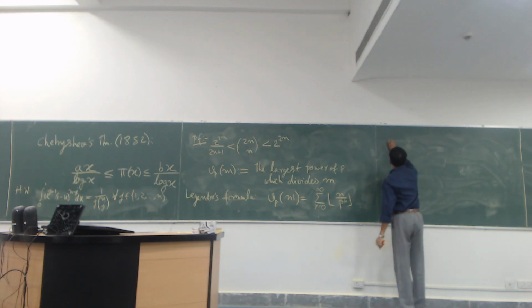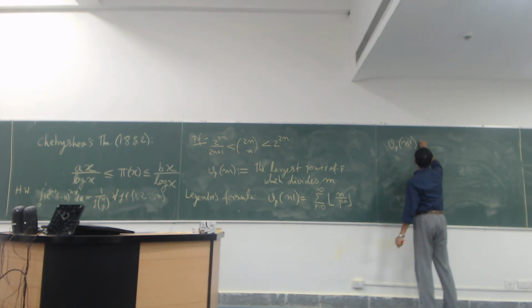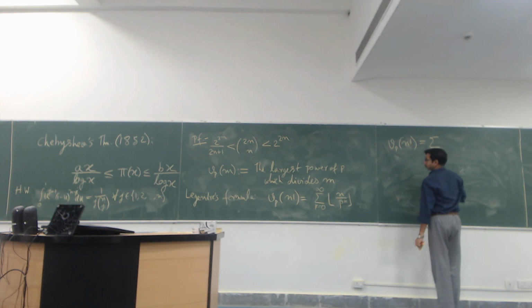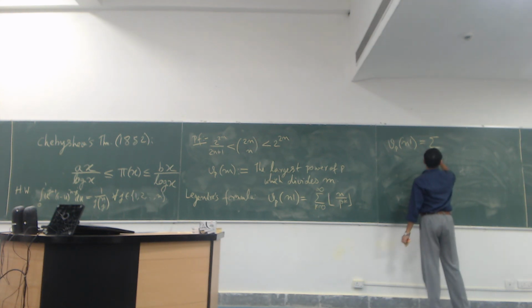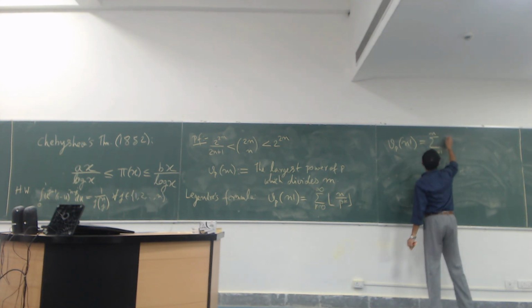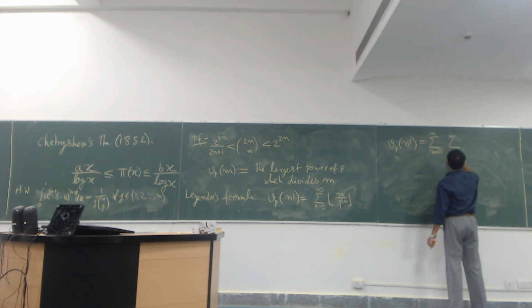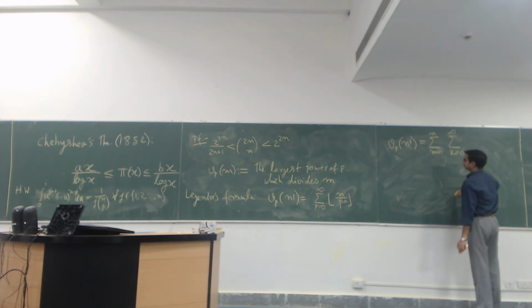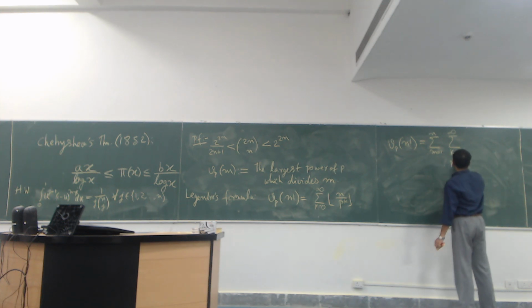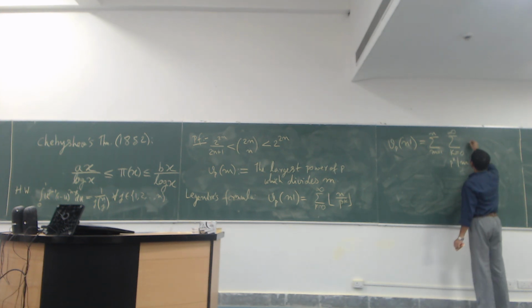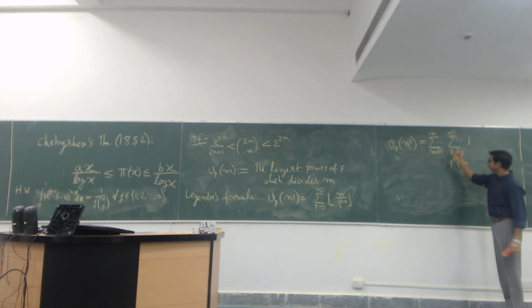Counting. Yeah, let's go counting. This is the sum over m running from 1 to n, summation k running from 0 to infinity, of the indicator that p^k divides m, that is, the number of things which divide m.